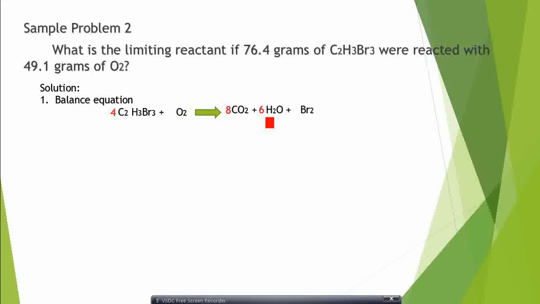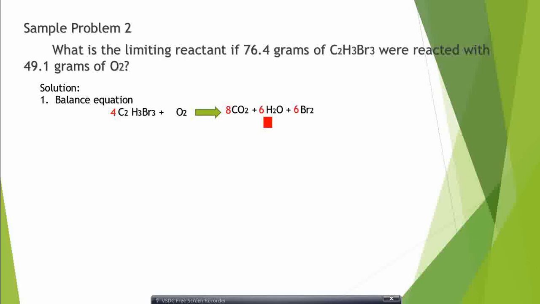Bromine: we have 4 times 3, 12, in the reactant, while the product is only 2. To make this 12, let's put the coefficient 6. It is now balanced. Oxygen: in the reactant we only have 2 atoms of oxygen, while in the product, let's count: 8 times 2 is 16, plus 6, so 16 plus 6 is 22.